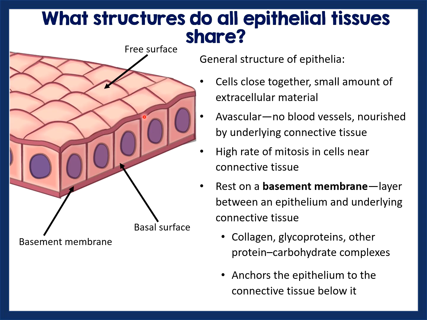And then the bottom, just above the basement membrane, on that bottom layer of cells, that basal layer of cells, there is the basal surface, which is right on the bottom. So that would be this area right here, in between the basement membrane and the nucleus of the cell. It's like the bottom part of the cell here.